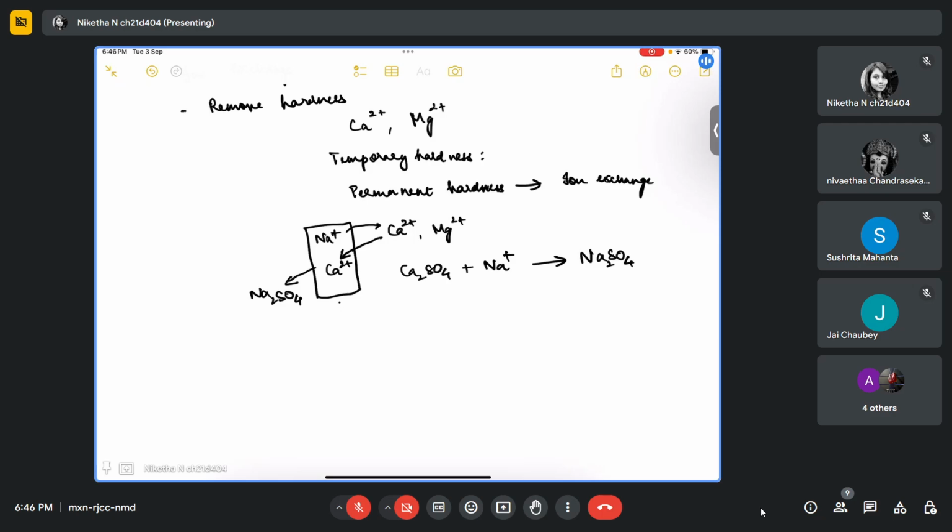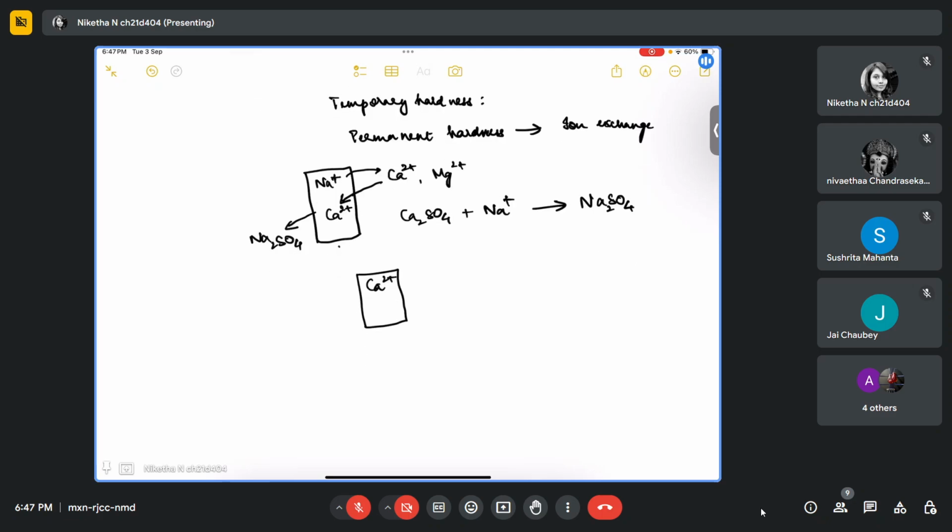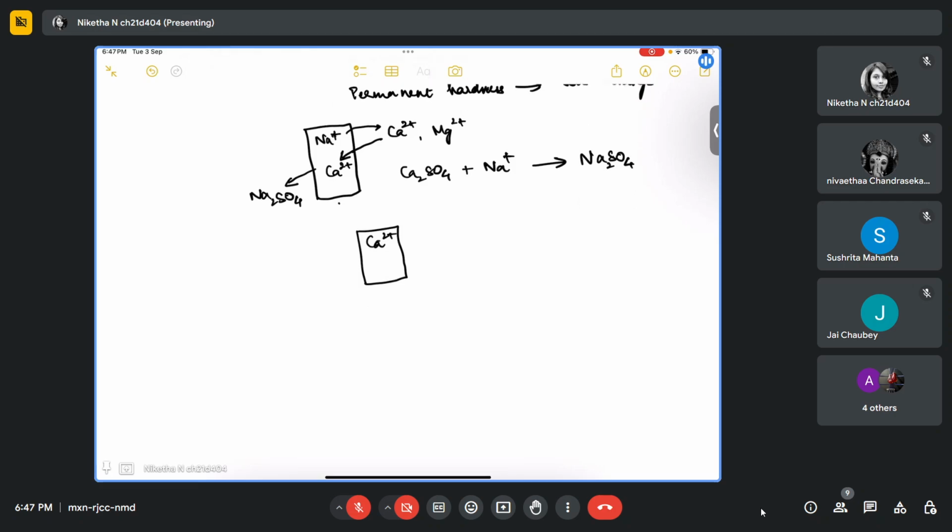After a point of time, the resin will be completely depleted of sodium ions and will only have calcium ions present. In that case, we go for regeneration or recharging. Recharging is done using a solution of brine. Brine is nothing but salt, like NaCl, in water.